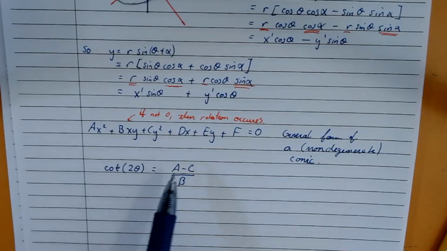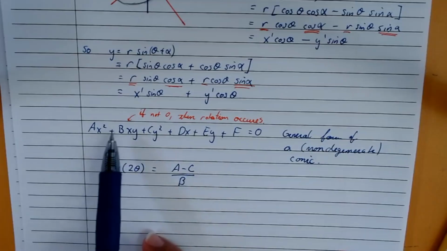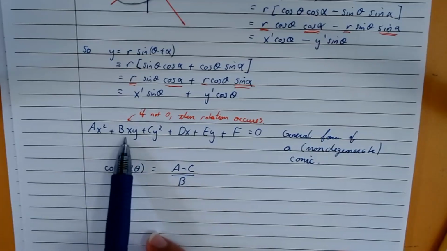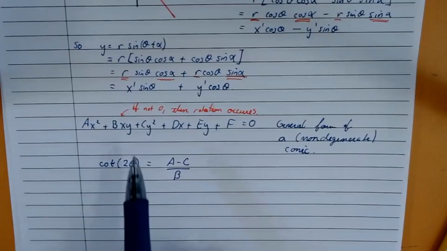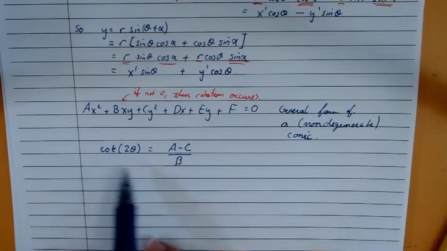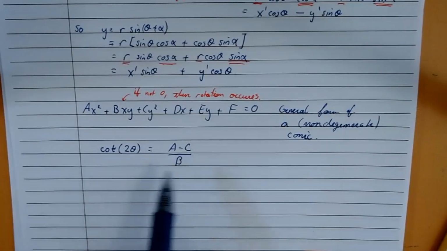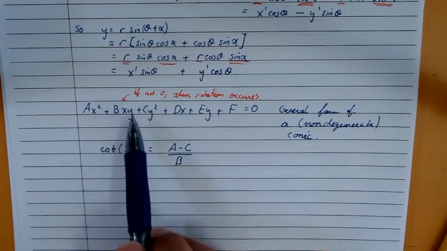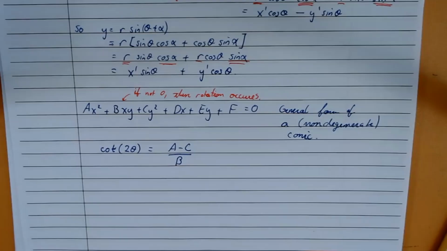Here your c is the number in front of your y squared, and your b is this one here. Note that here, since we're assuming b is not 0, this will always be defined, which is nice. That means we'll always be able to get an answer. As long as this exists, we'll be able to find our angle.